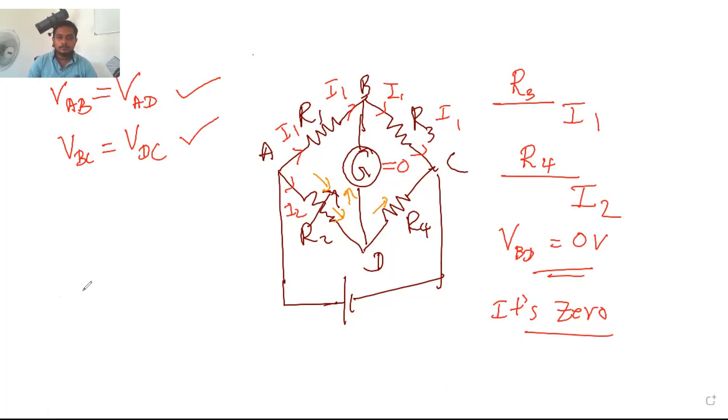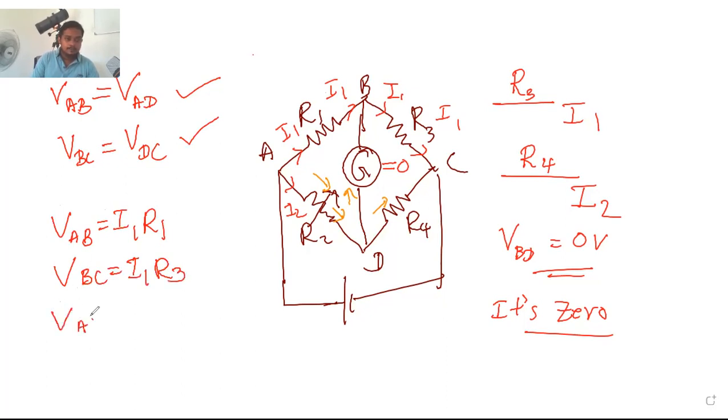And next one, they're asking us to write the equations with I1, R1. So VAB, we get I1 R1. VBC, we get I1 R3. VAD, we get I2 R2.